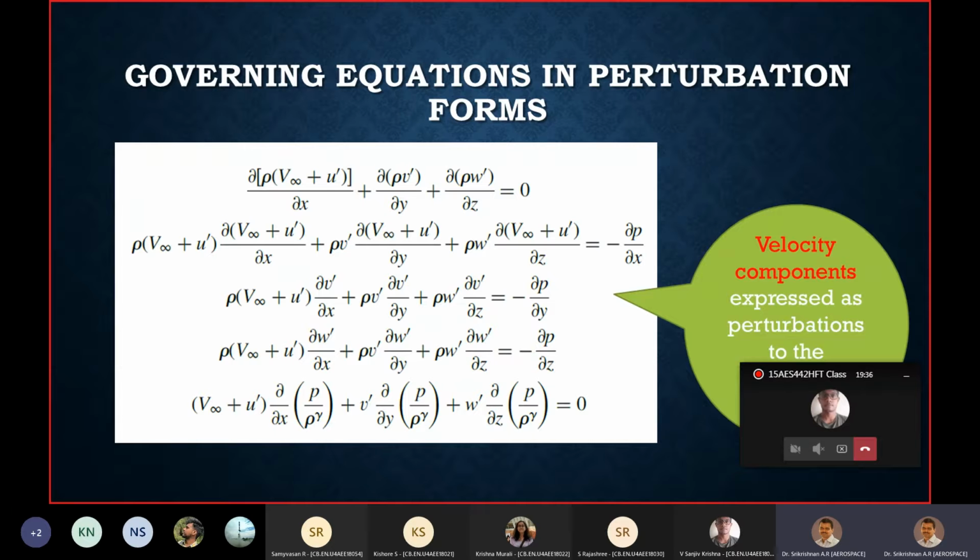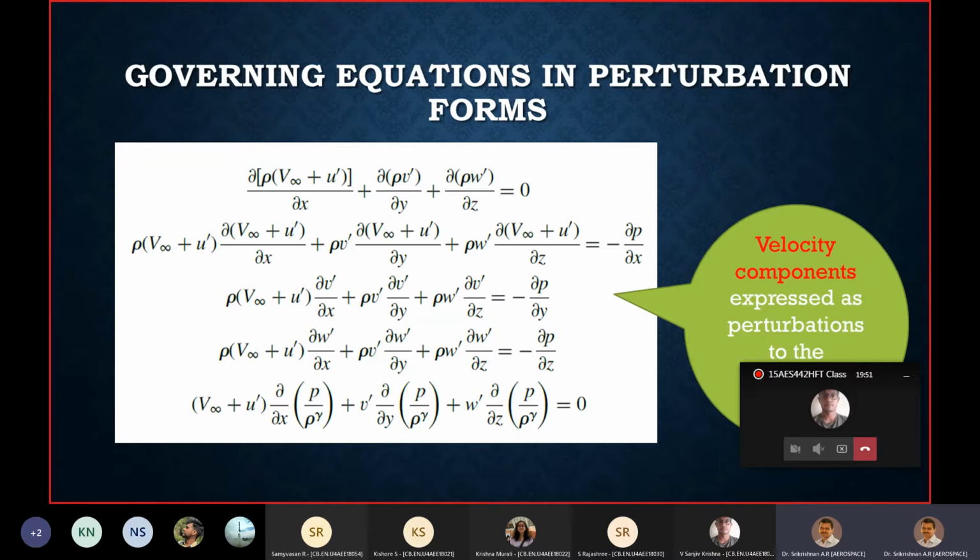Instead of rho u, the first term is modified as rho times V infinity plus u dash.